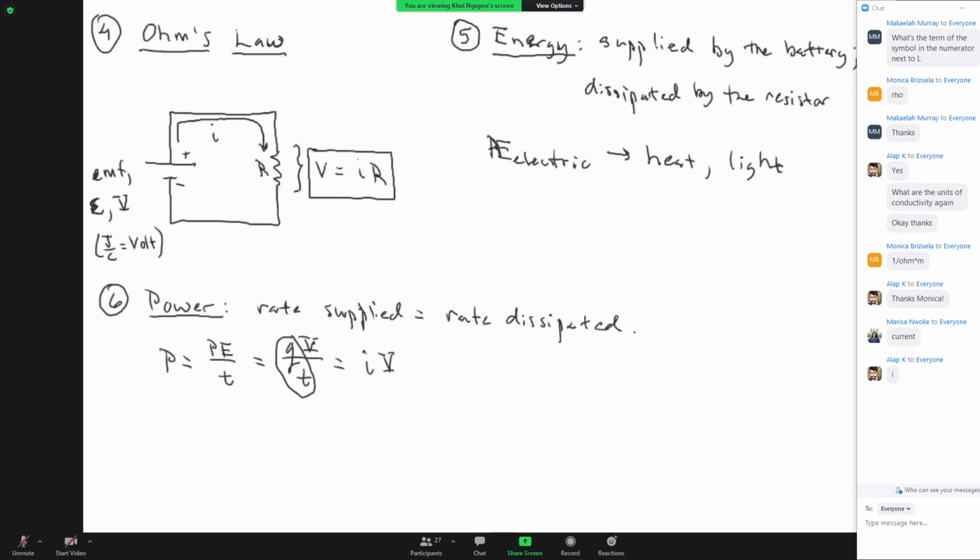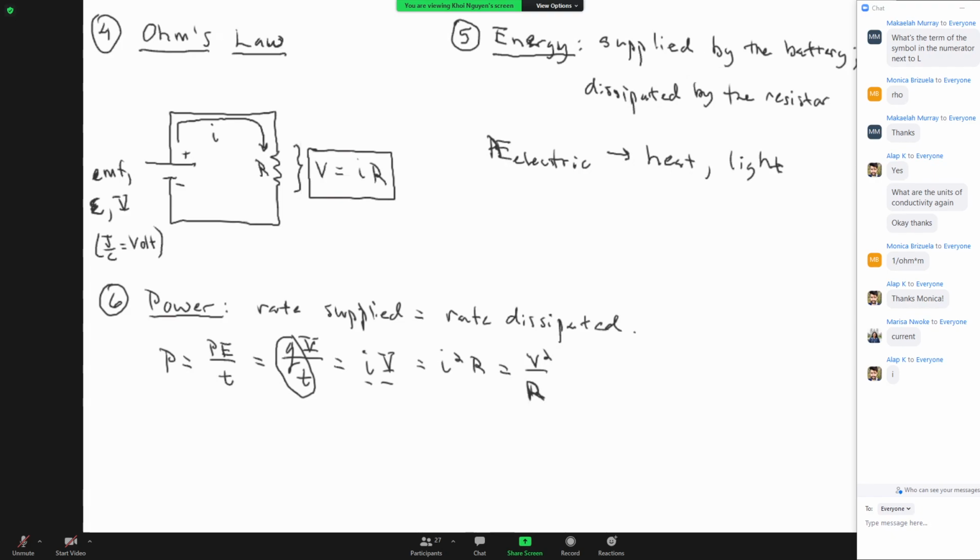So when we're looking at power, quick mnemonic to remember is when you need more power, reach for the IV. Okay? Now, knowing that and knowing Ohm's law, we can substitute in for V and we get I squared R. And we can substitute in for I and we get V squared over R. Both of these are saying the same thing, right?